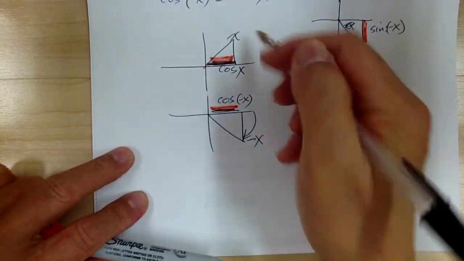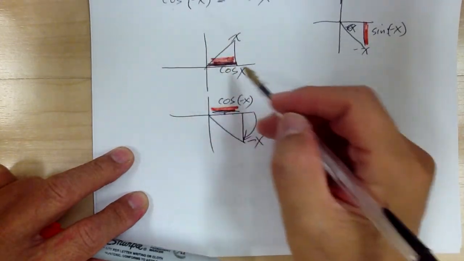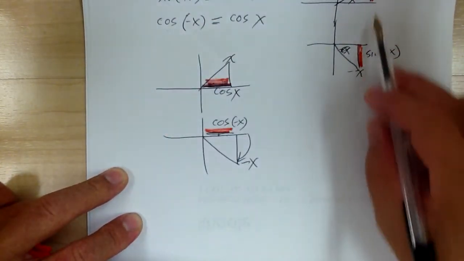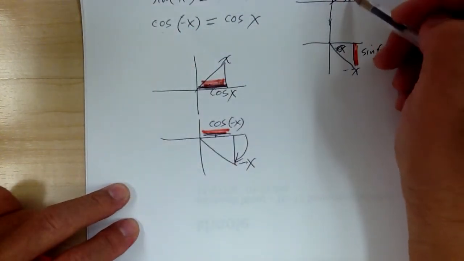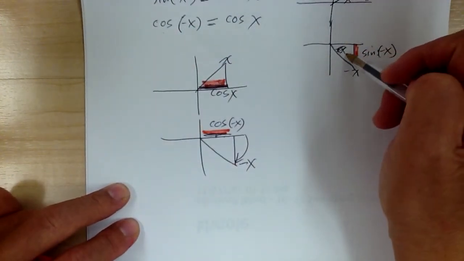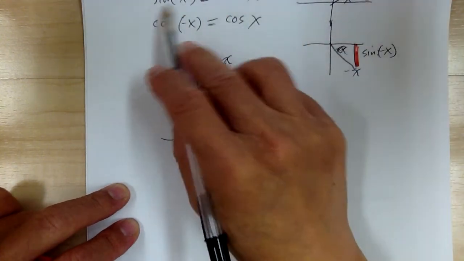Notice that they are the same; they have the same length. That's why they are equal. Whereas with sine, they are opposite, so that's why they are opposite. If you don't remember, all you have to do is draw the angle x and negative angle x, and see if they are the same or opposite. If they're opposite, then they will have opposite signs.